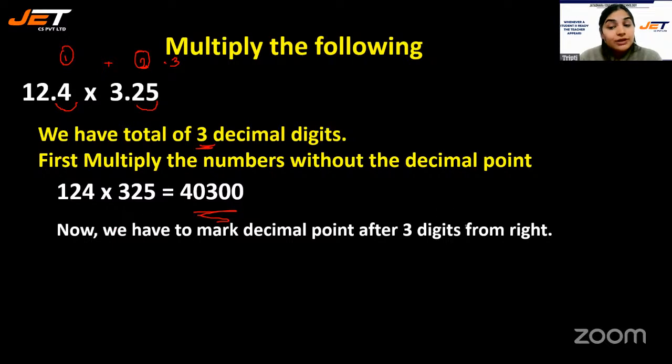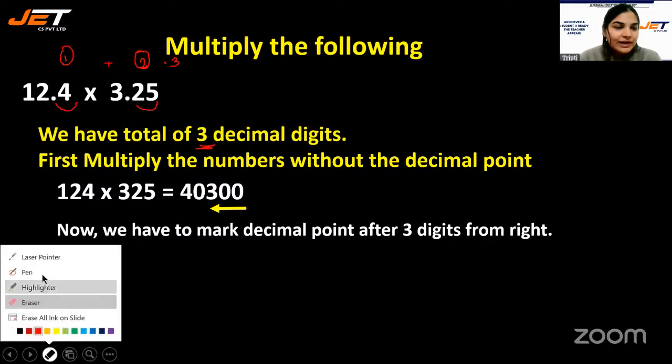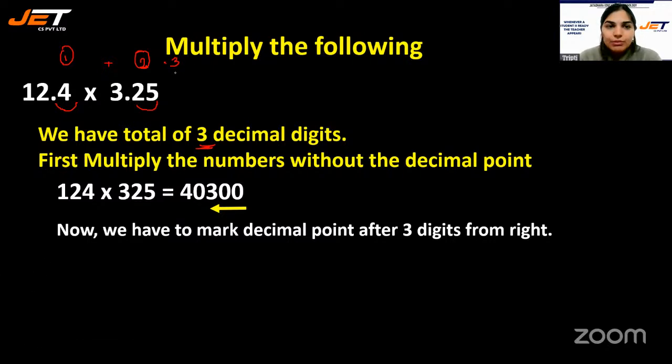Now, as we are multiplying decimal numbers, you have to put the decimal also. But how do we put the decimal? Please look at it very carefully. Do you remember we counted three decimal places? Now we have to mark the decimal point after three digits from the right.